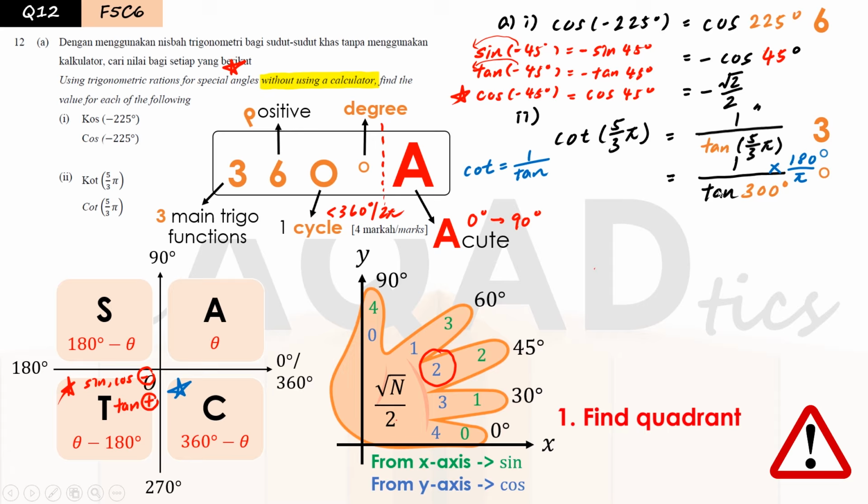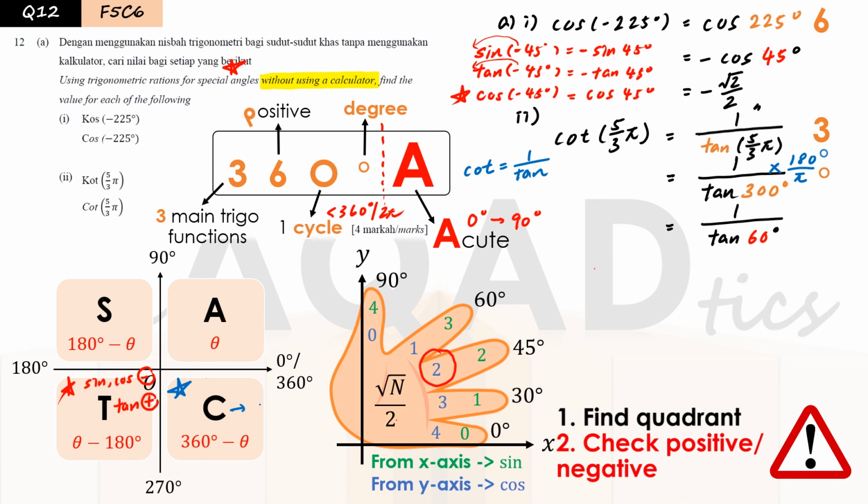So we need to adjust the 300 degrees using this condition. So 360 degrees minus the degree that we have, which is 300, which is 60. Alright, so now the second thing that we need to do is see whether this tan 300 is positive or negative inside quadrant or section C. For section C, cos is the only trigo function that is positive.